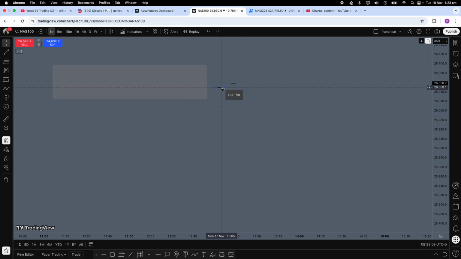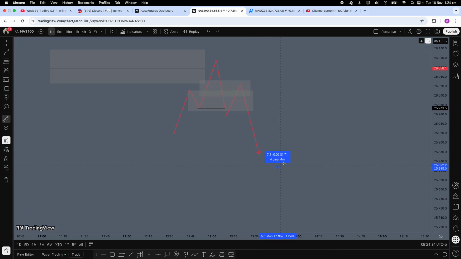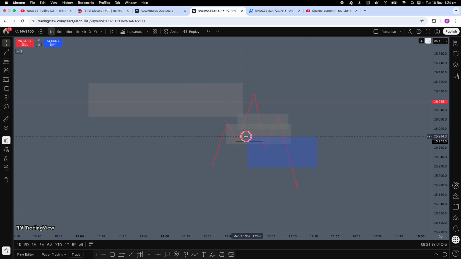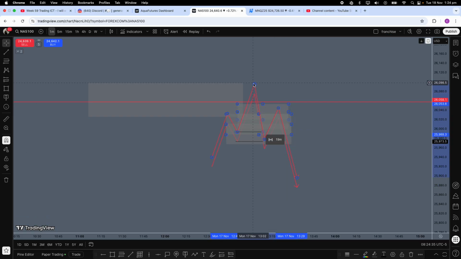So this is the basic entry model. You then want to see this copied, but a bit smaller.